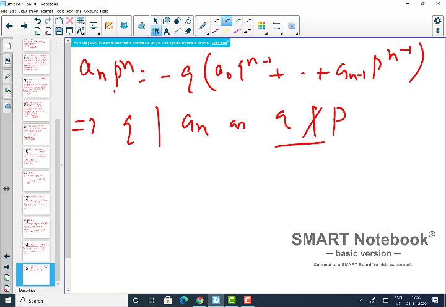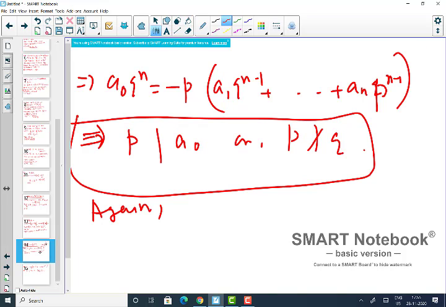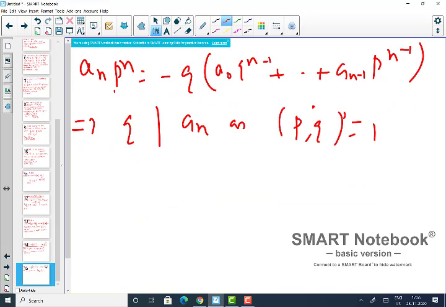I should say GCD of p and q is 1, so there is no common factor. So that means the denominator must divide the leading coefficient, right?